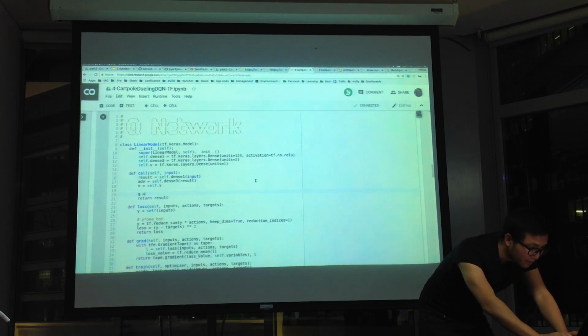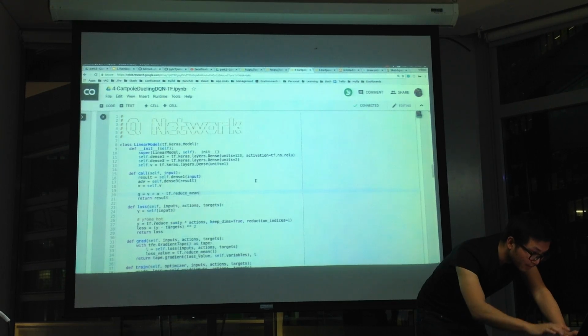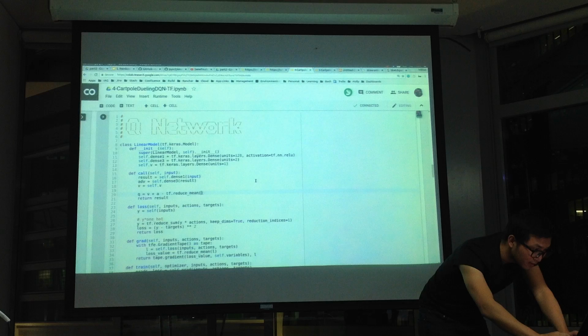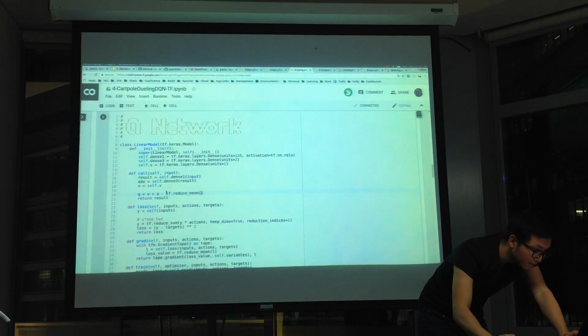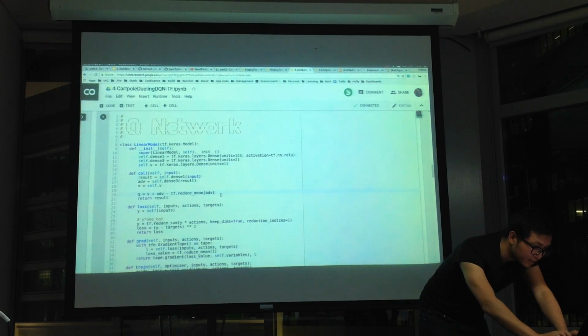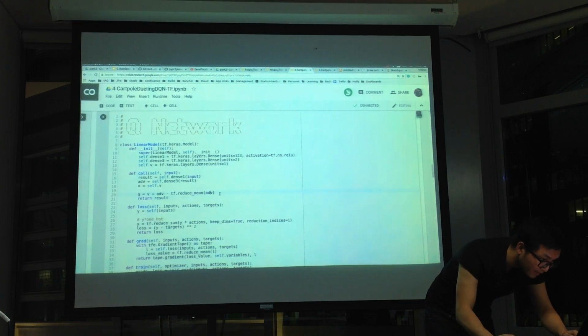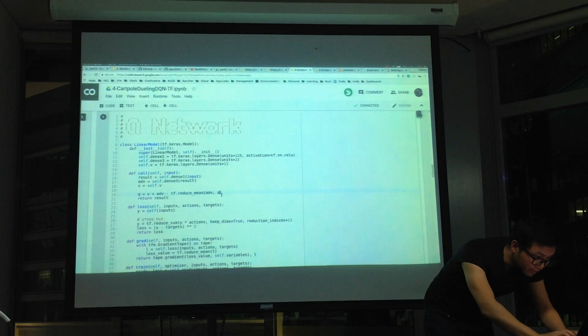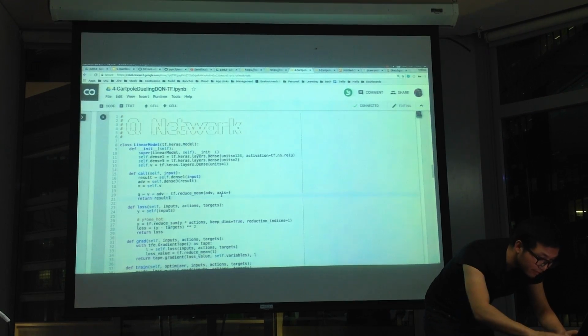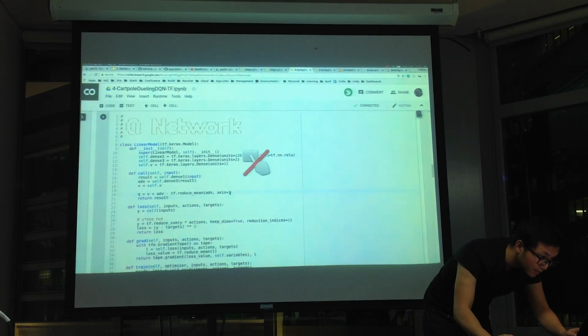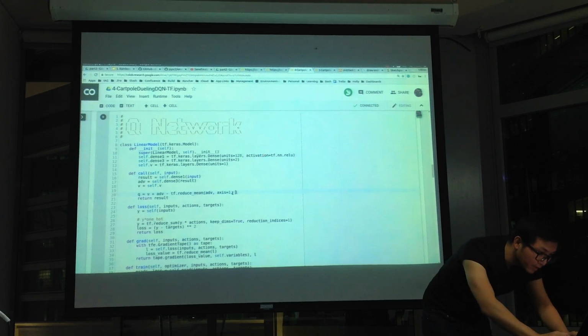Our Q value becomes V plus A minus tf.reduce_mean of A, with axis 1 and keepdims.